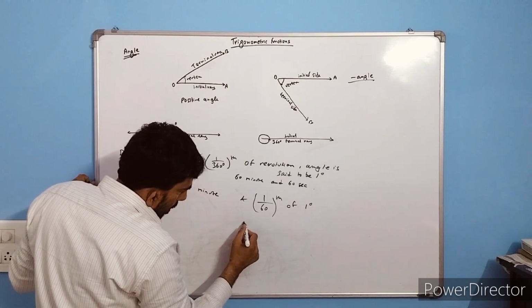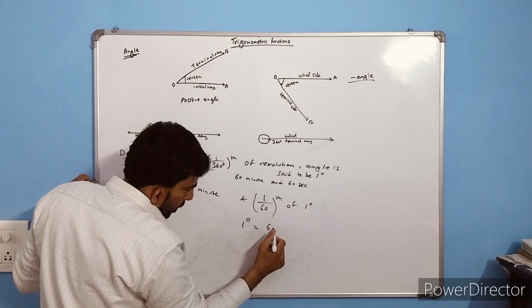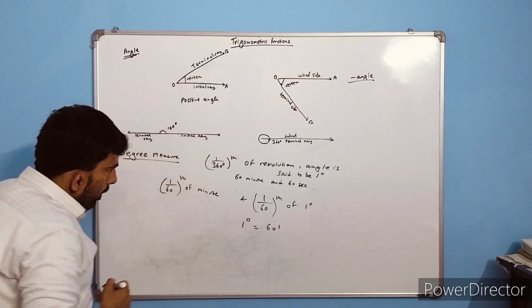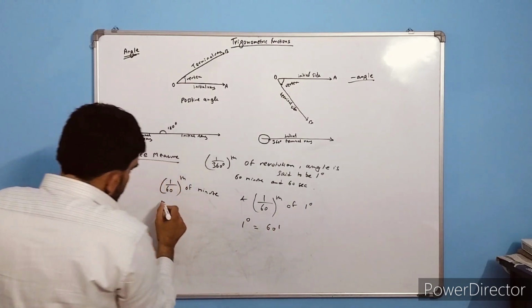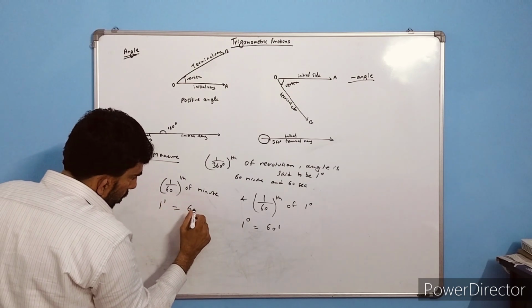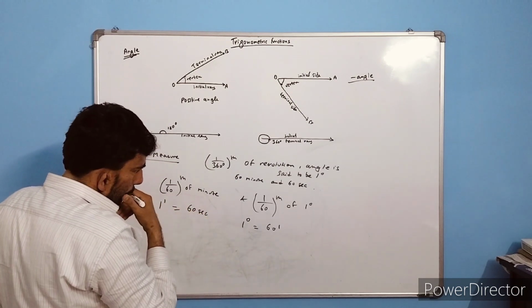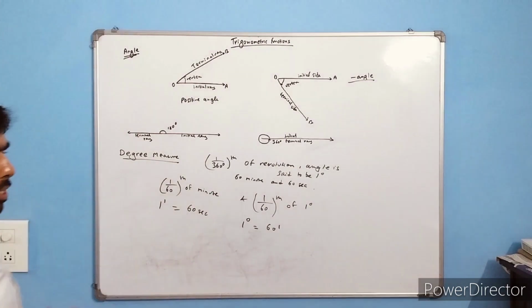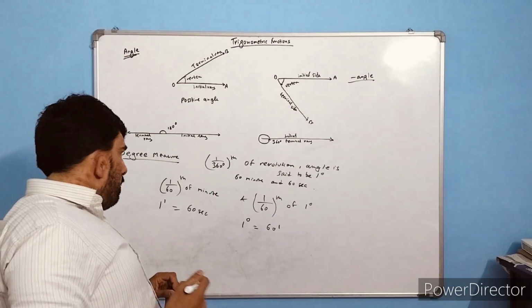So we can say 1 degree is equal to 60 minutes and 1 minute is equal to 60 seconds. So that is how we can use them in numericals.